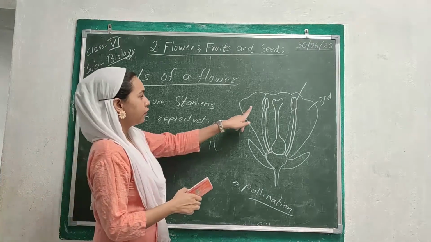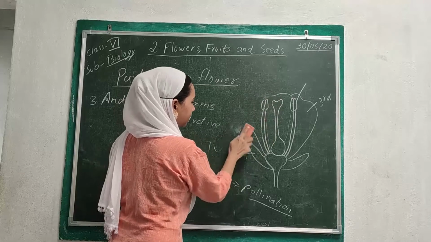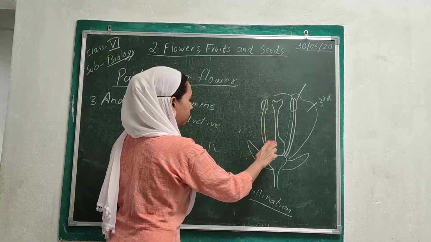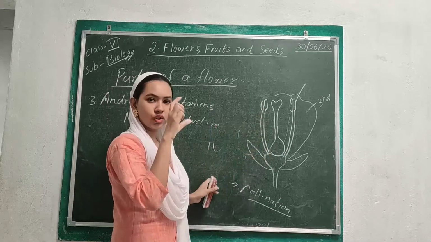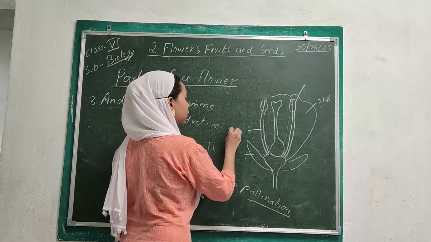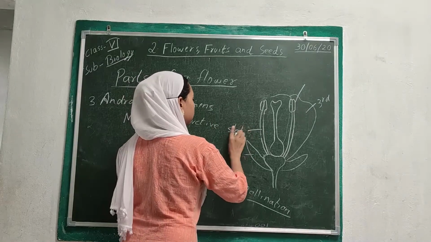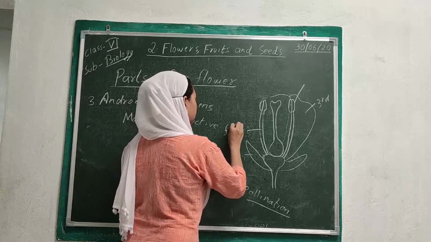Now if you look carefully at the stamen, you can see two parts here. There is one stalk-like structure which is thin and a little bit long. This is known as the filament.